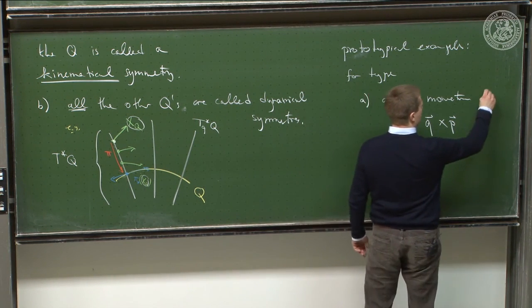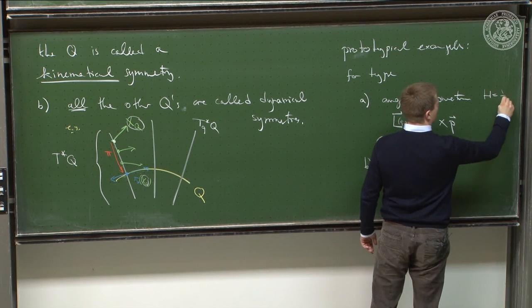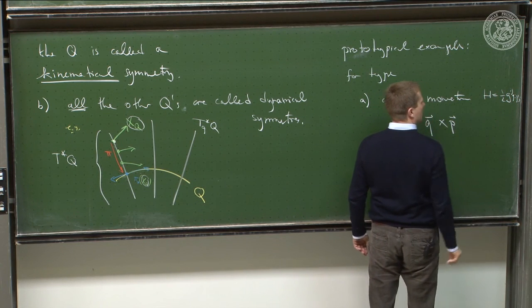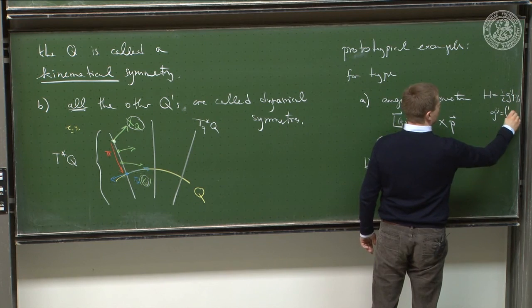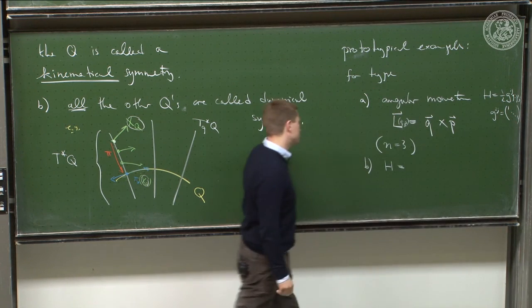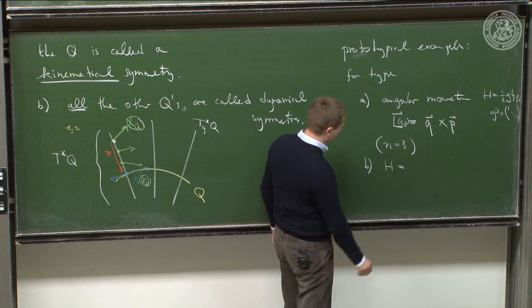A prototypical example for type B is if you have a Hamiltonian, say, 1/2 G_ij P_i P_j, and the G_ij in the chosen coordinates is the Sylvester form.